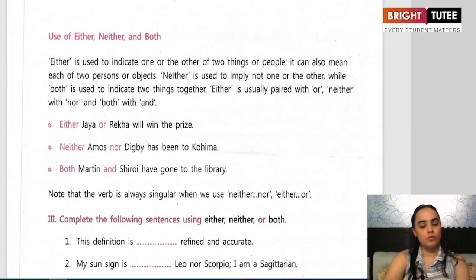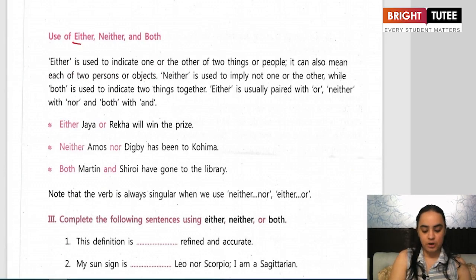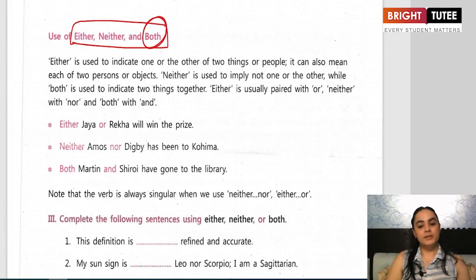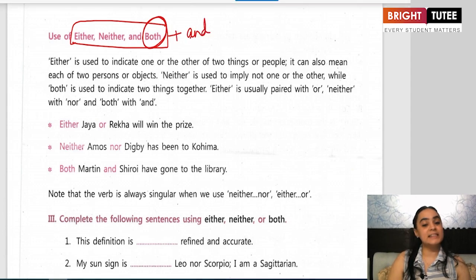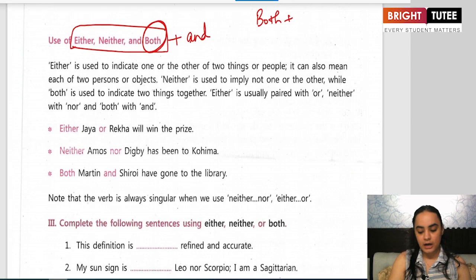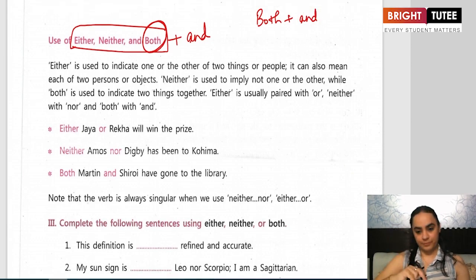Let us now move on to the next set of words, which are either, neither and both. Now first of all, very simple. Both is used when you are considering both the options. And with both, you will always see and in the sentence. This is the indication. Okay? Both will always come with and. Both means together.